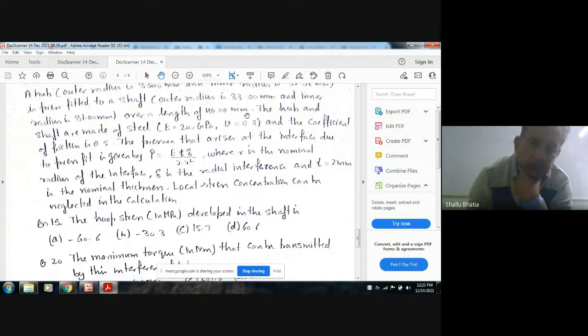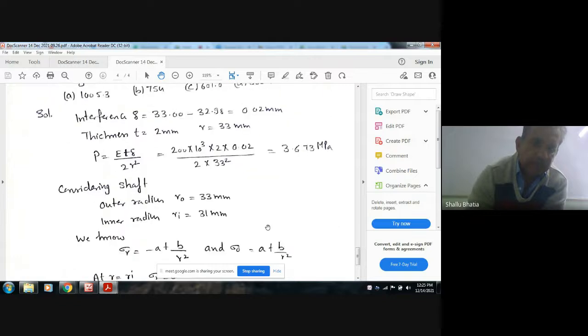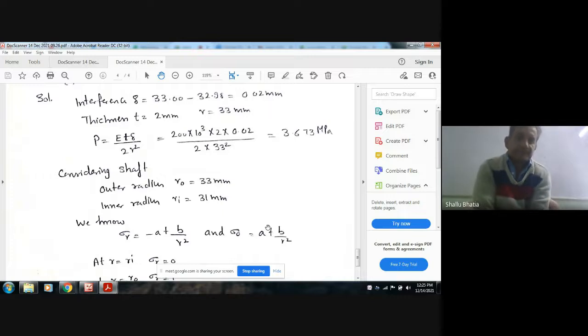So the interference will be 33 minus 32.98, so delta is 0.02. The thickness is given as 2 mm. R is 33, the common radius of the hub and shaft. By putting in these values, we get P equal to 3.673. Now considering the outer shaft.